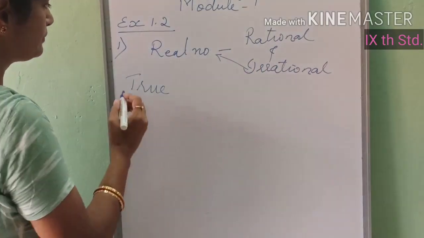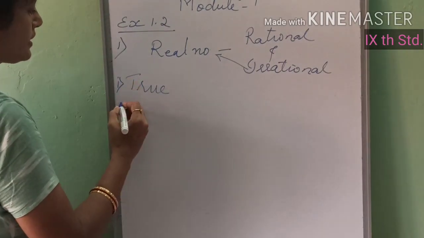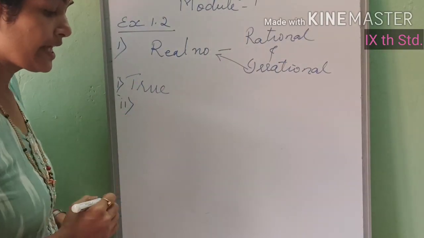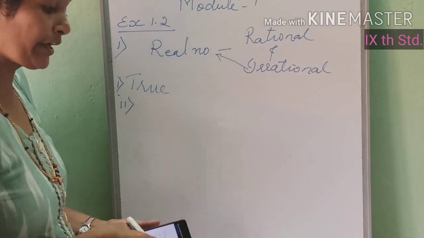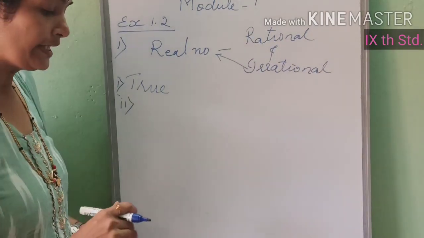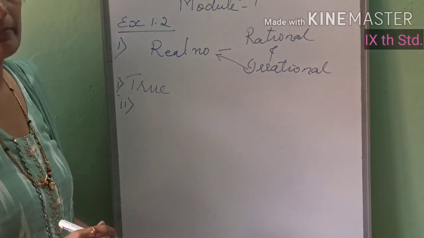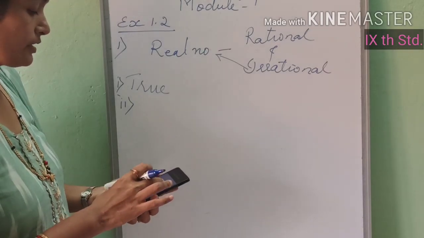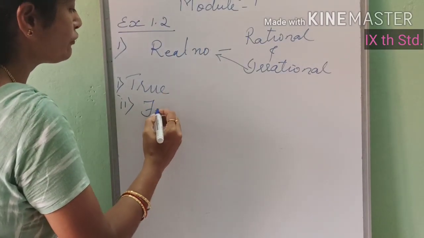Okay. Then, moving on to the second part of it. The statement is: every point on a number line is of the form root m, where m is a natural number. Right? So, the statement is false. Why?